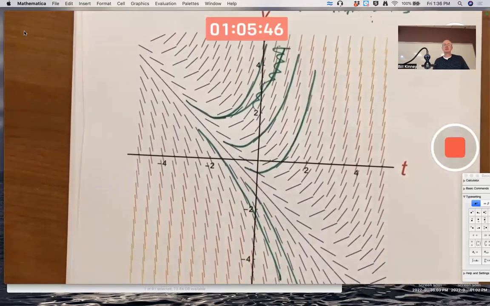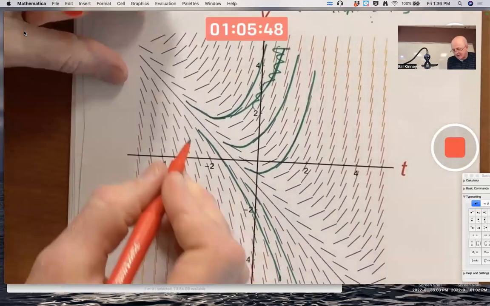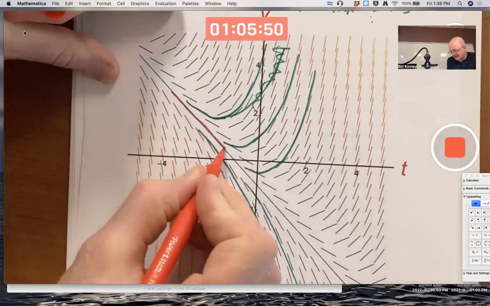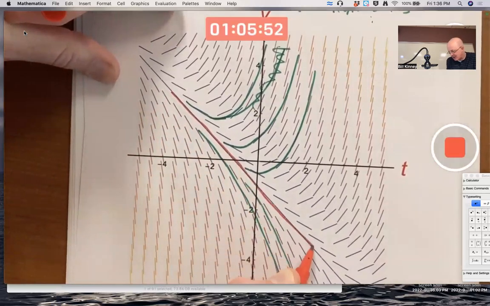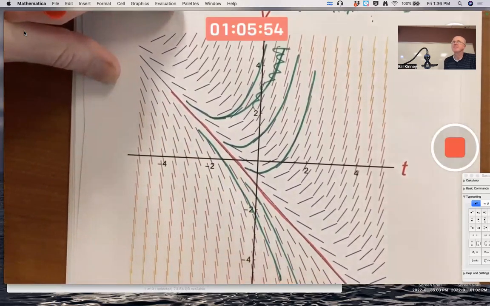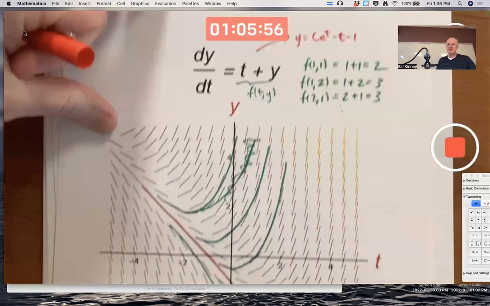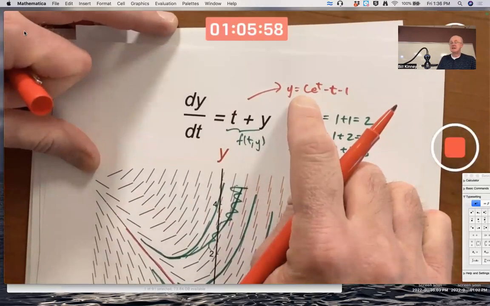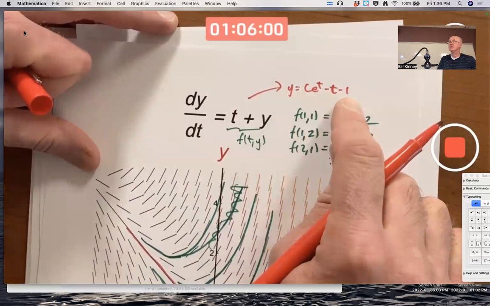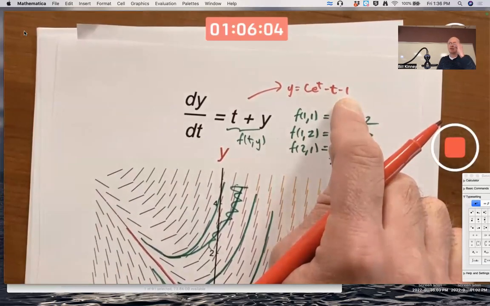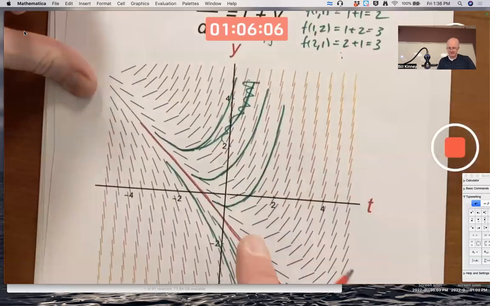There's no equilibrium solution here, but there is a special solution that looks like a linear function like this, but its slope is not 0. Hey, that's the function when c is 0, -t minus 1. Slope of -1, intercept of -1 as well.